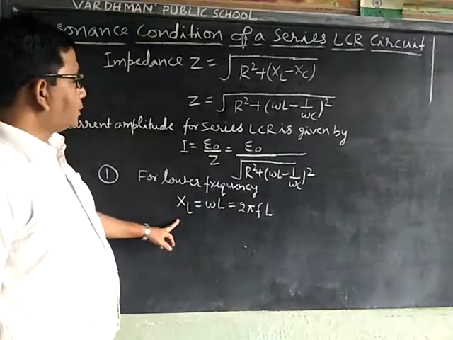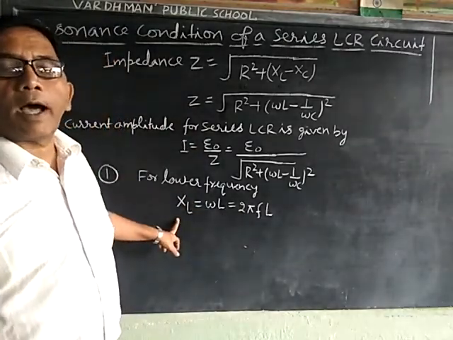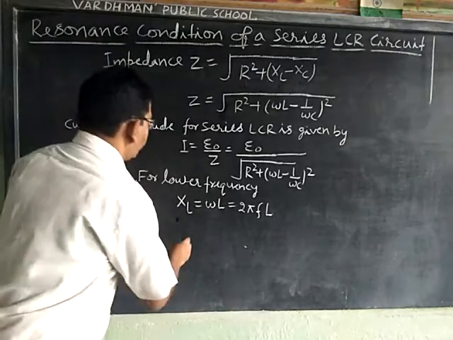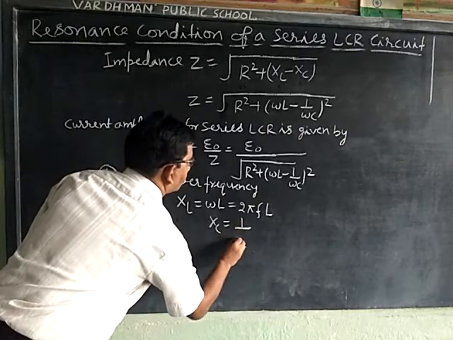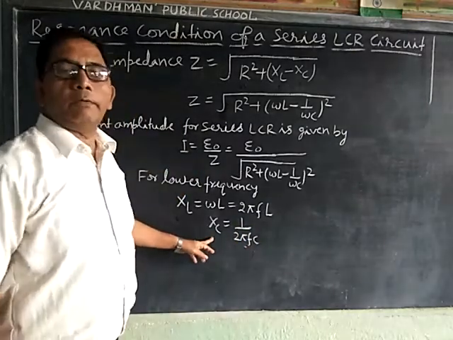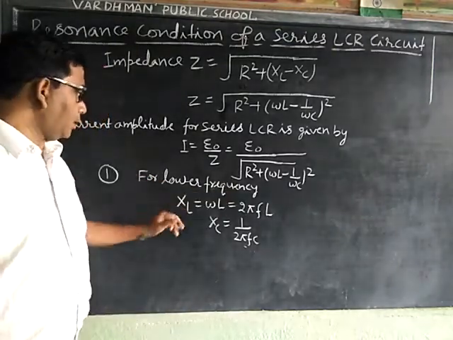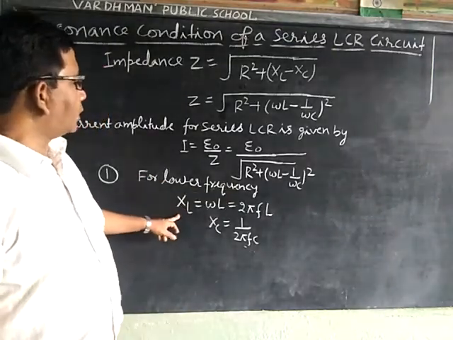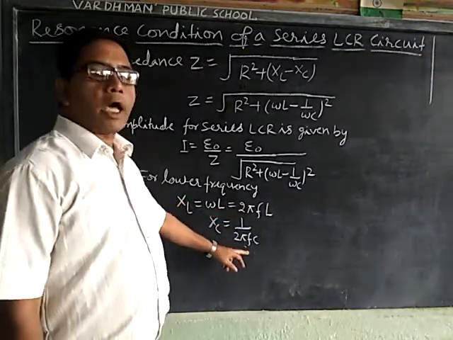For lower frequency, XL will be small, and XC is equal to 1 upon 2 pi FC, XC will be large. For lower frequency, XL, that is inductive reactance, is small and capacitive reactance is large.